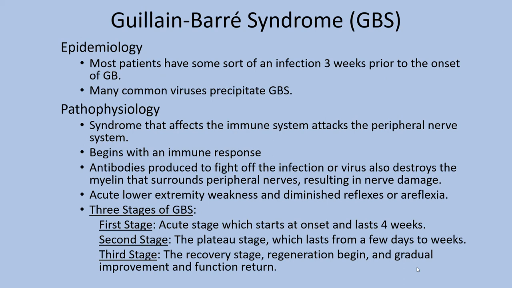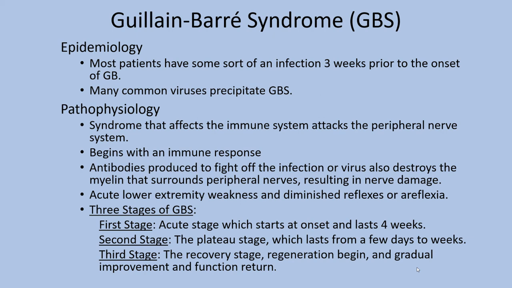There's an infiltration of lymphocytes into the peripheral nervous system too, which attracts macrophages, and they also invade the myelin, causing demyelination. These lymphocytes can be seen at these points of myelin breakdown on microscopic exam. But the axons of the nerve usually stay intact.